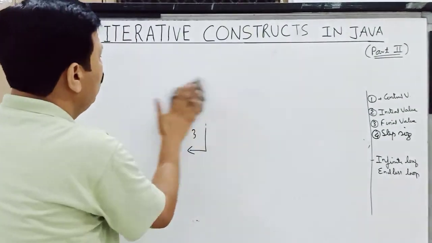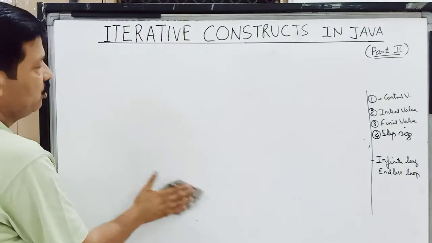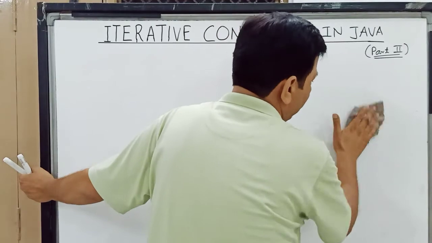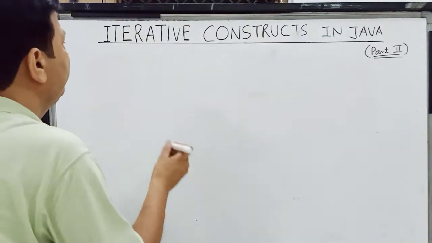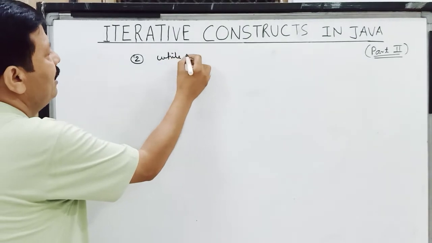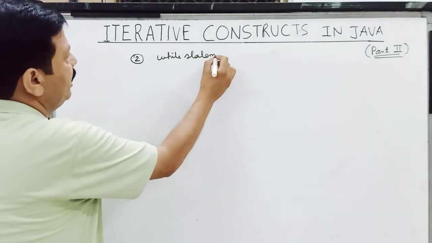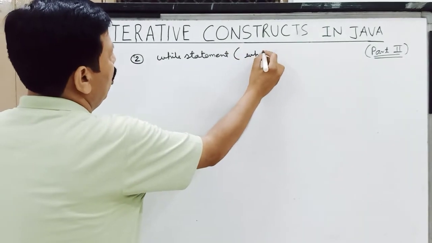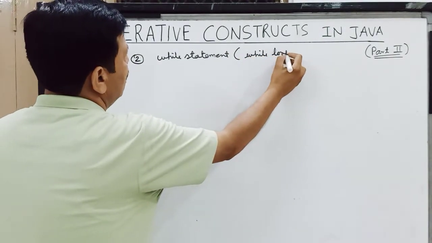Now we go and study about the next looping statement, that is the while statement. So we are going to study the second statement, that is the while statement. And this while statement is going to structure a conditional loop which we call a while loop.